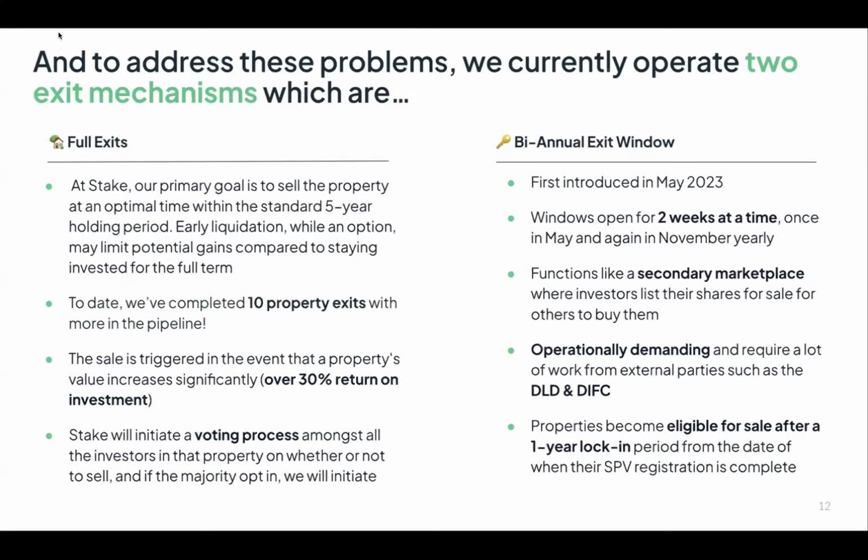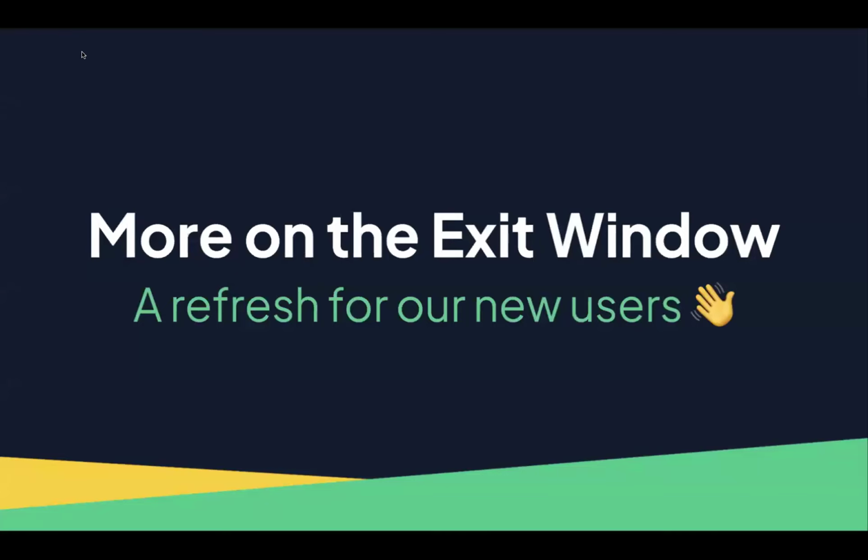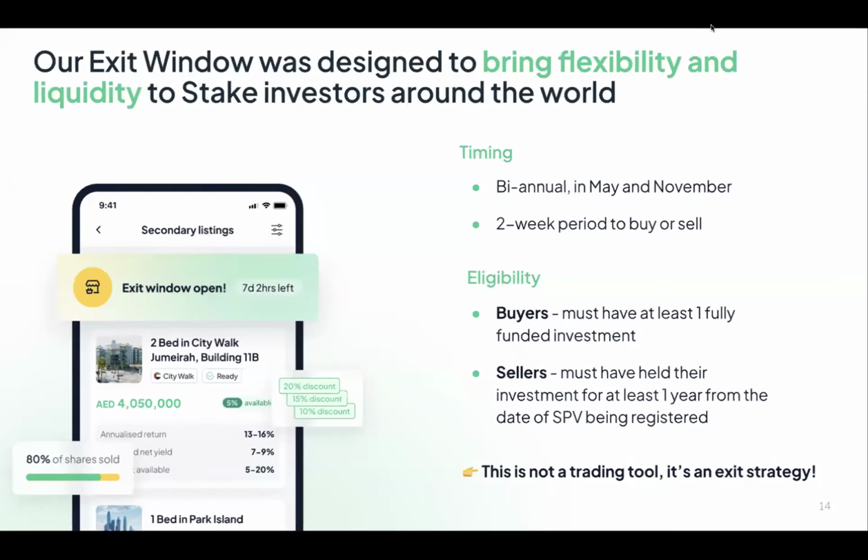All right. Thank you very much, Saran. Moving on, what we're going to go through now is a little bit more on the exit window, a refresher for new users who may not have seen our product or this whole concept. As Saran mentioned, our exit window was designed to bring flexibility and liquidity to everyone investing on Stake.